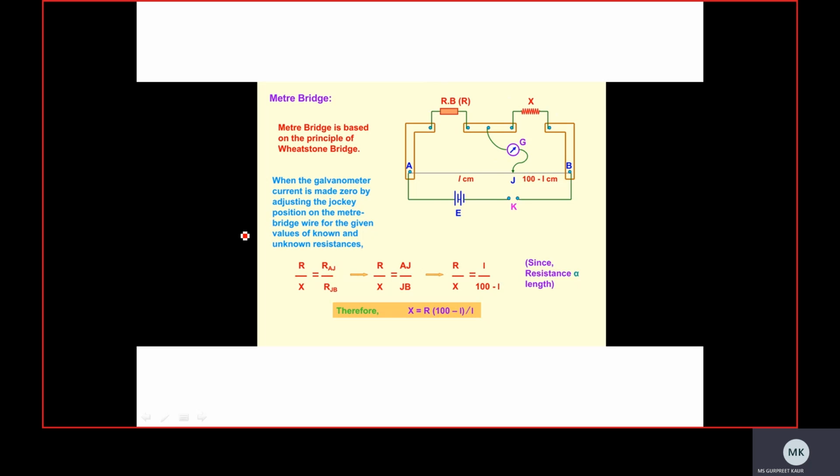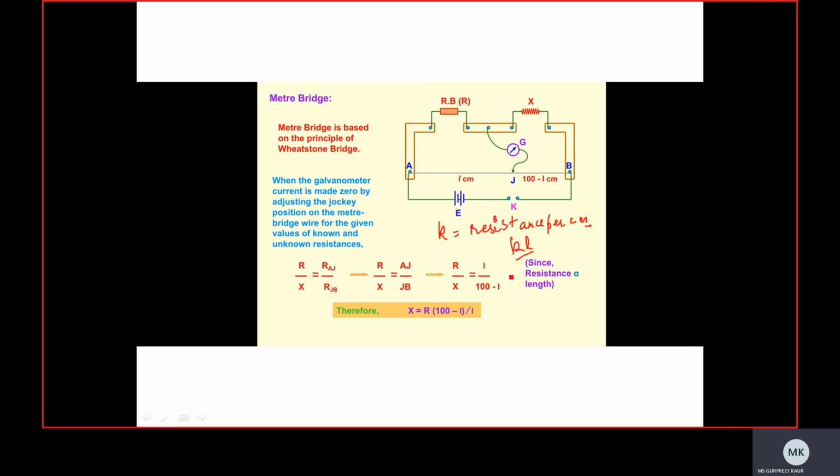Now, if you are taking small k as the resistance per centimeter of the wire, of this meter bridge wire, then what will be the resistance of length L of the wire? It will be K into L. Yes or no?